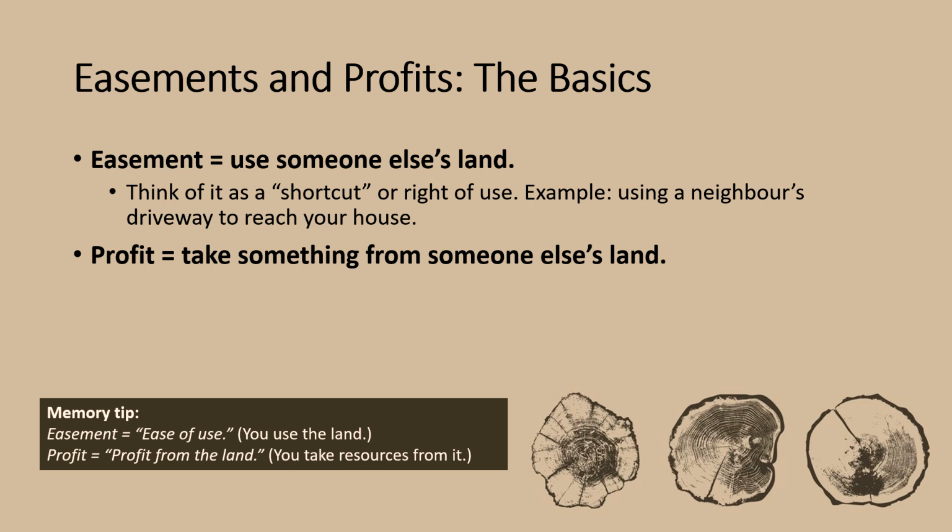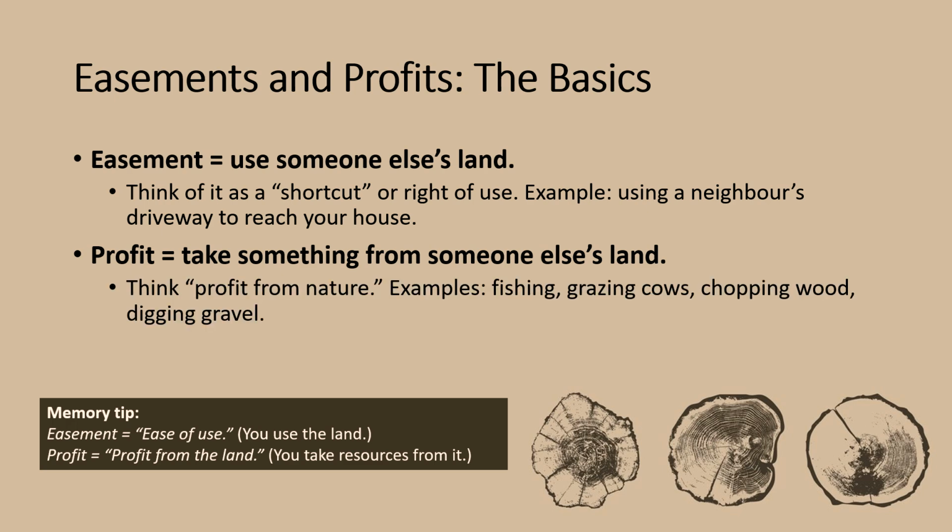Profits really are rights to take something, like a physical thing, from someone else's land. So it's not really a right of use, but a right to take an item. And very often those are things that grow naturally on the land, like chopping wood, for example, or you might be allowed to dig some gravel.